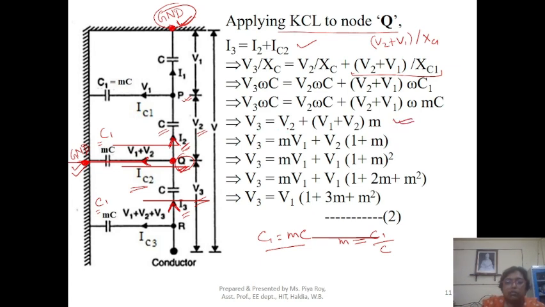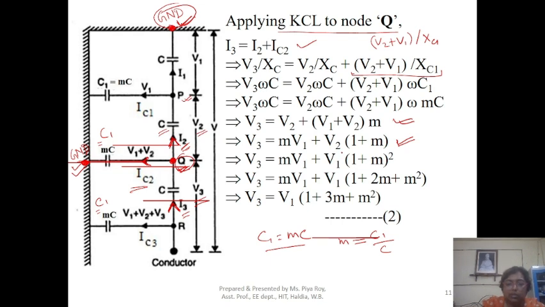So V3 equal to V2 plus (V1 plus V2), first bracket closes, and then M. Okay, so now again separate the different terms of V1 and V2, then we have this expression again: V3 equal to M V1 plus, what happens here, look, V2 is actually replaced by V1.